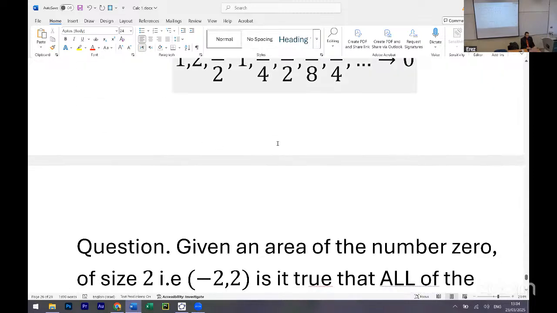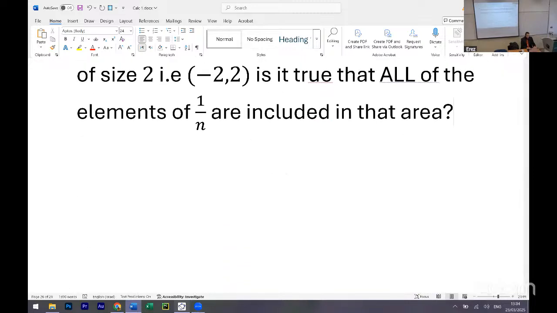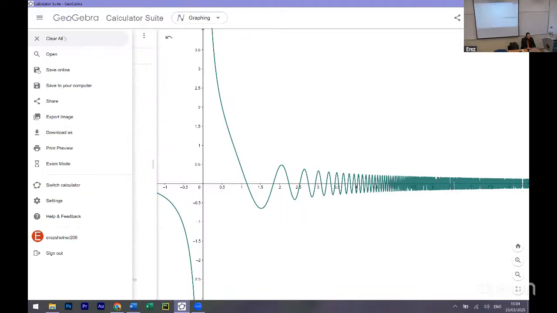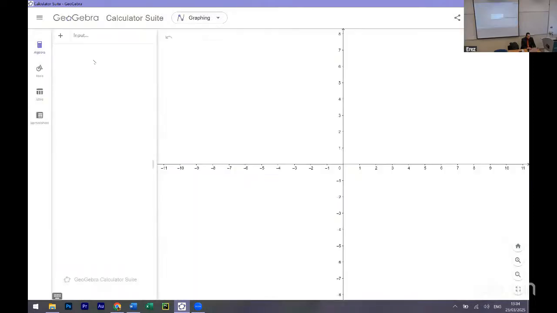And I'll show you in GeoGebra why I'm even asking that. Clear all. Let's take the center 0, and the distance would be 2.